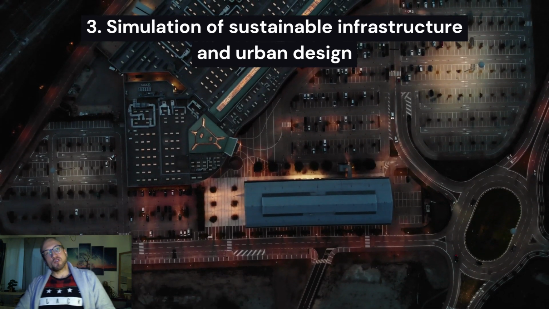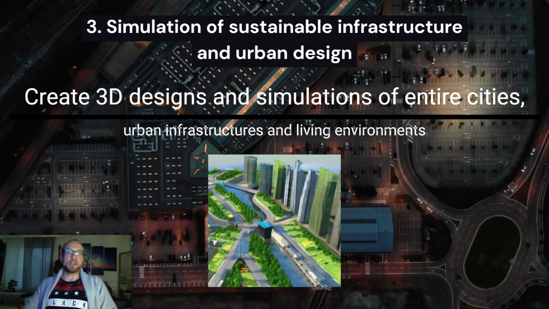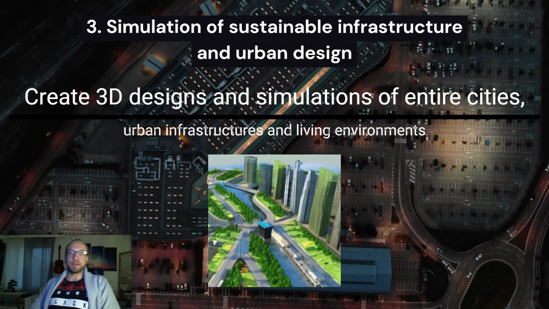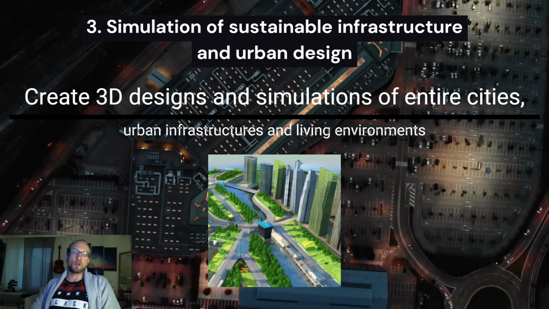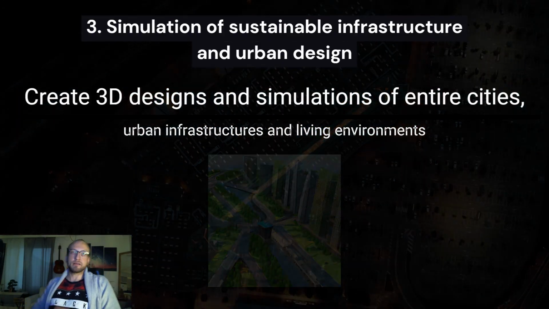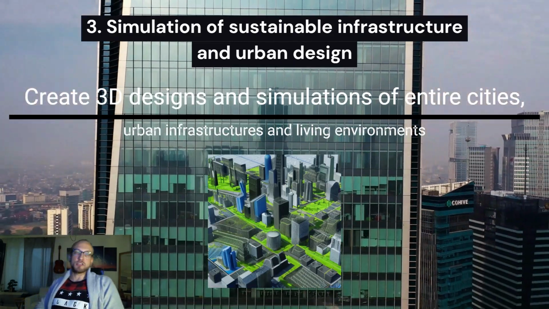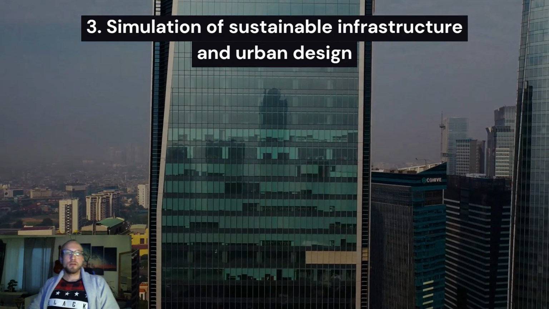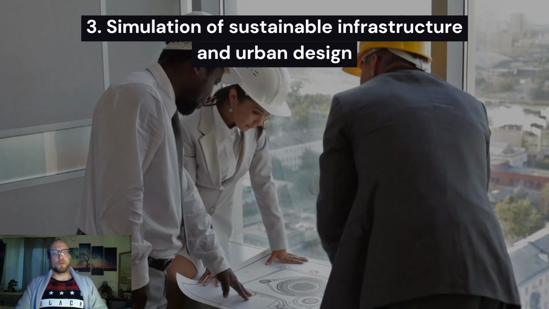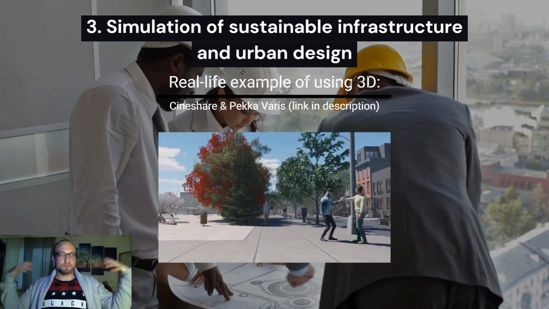So basically, we can also use 3D design platforms like Omniverse to create these 3D simulations of the whole, let's say, infrastructure and urban design, so that we can visualize and analyze the potential impact of these designs, again, against known sustainability metrics like energy efficiency, material efficiency, greenhouse gas emissions of logistics, for example, when we observe different stages of constructing buildings or urban environments in general. And actually, we can just use these platforms basically to simulate entire cities.